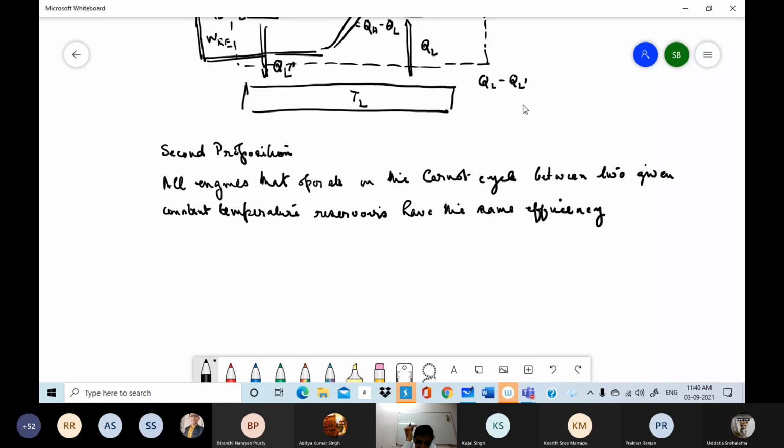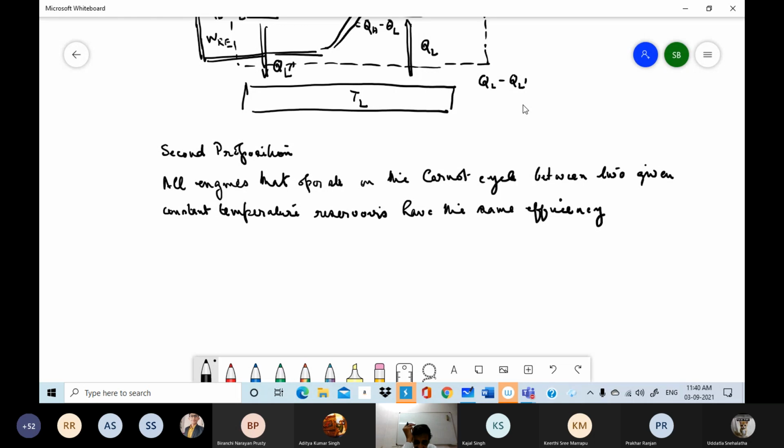So then that tells us that using the second law, we can get a definition of temperature which has no dependence on any substance, which is independent of the substance used for measurement of temperature.